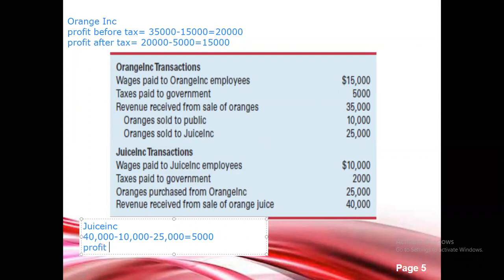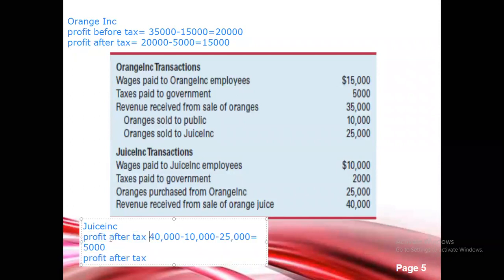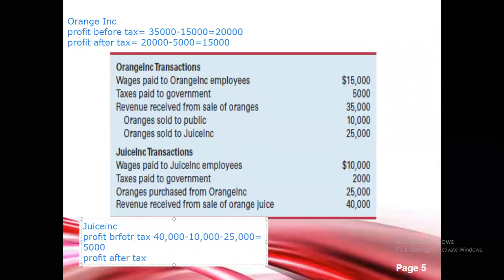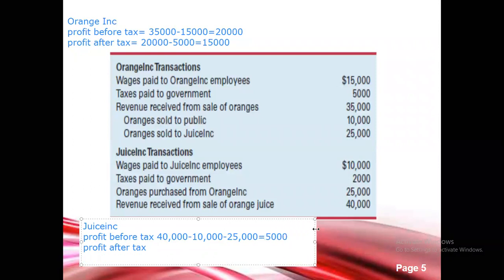This is the 5,000 from before profit after tax. I'd suggest you write the values somewhere, because later we have to use these values on and off.